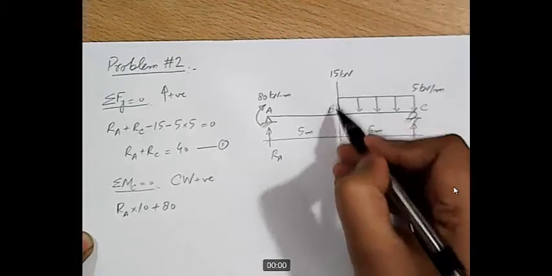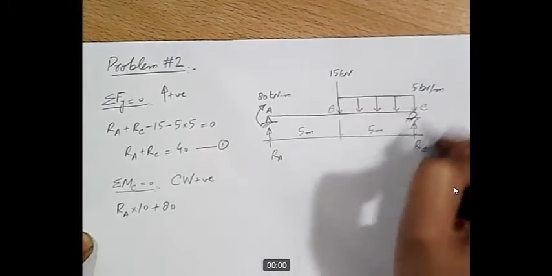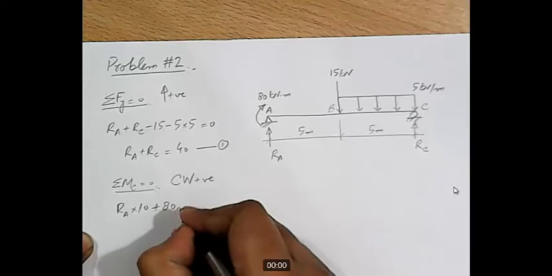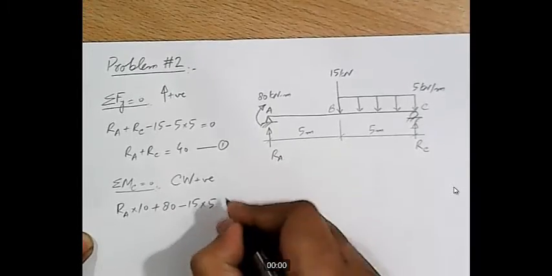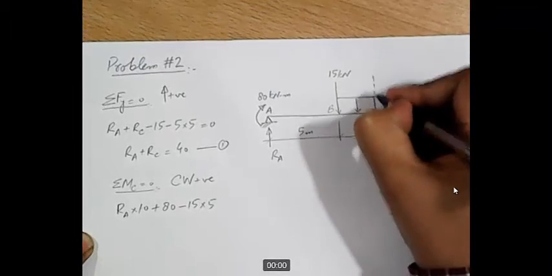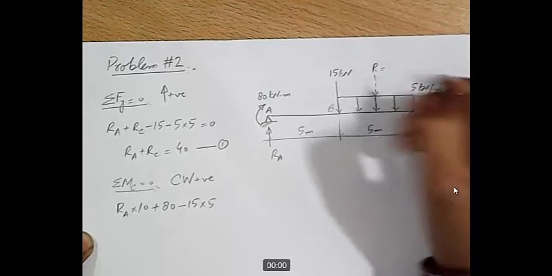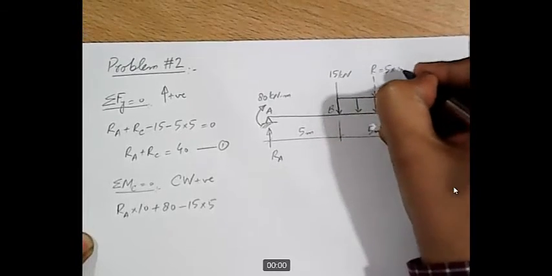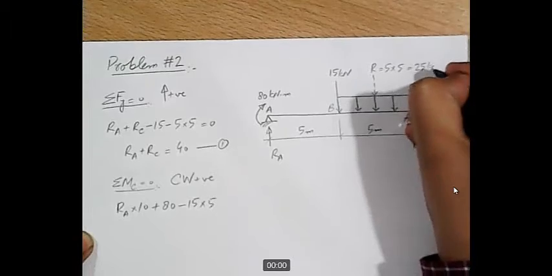And then this point load 15 kilonewton, lever arm is 5, and it will produce moment in counterclockwise direction, so negative 15 into 5. And then the resultant of this UDL, which will be acting somewhere over here, and the magnitude of the resultant will be 5 into 5 equal to 25 kilonewton.